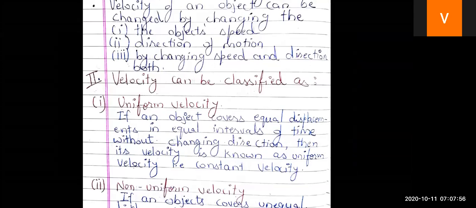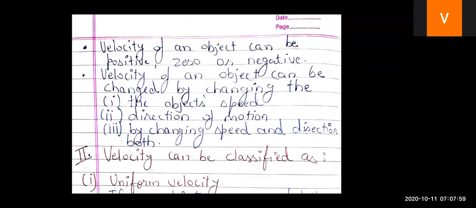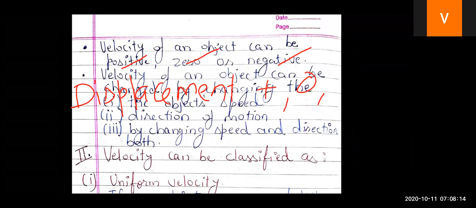Now here, children, velocity can be positive, it can be zero, or it can be negative, because we have done that these are the three possible results for displacement also. When the object is moving towards the origin, when it is returning towards its initial position, then your displacement will be negative.